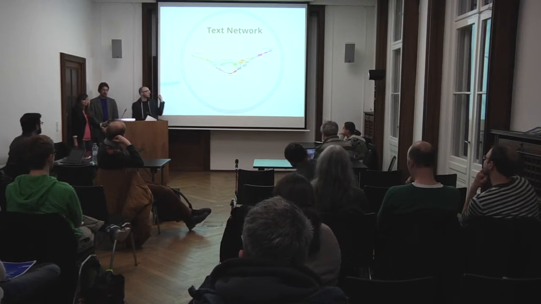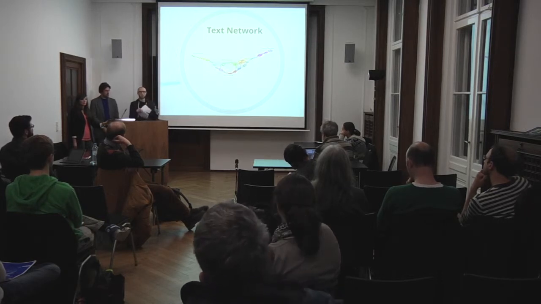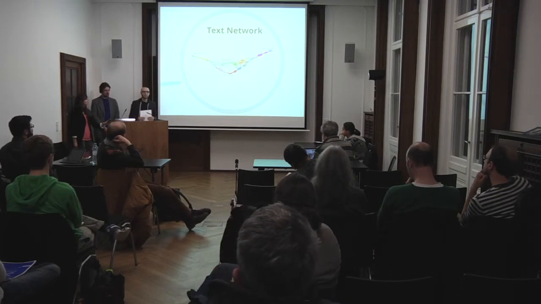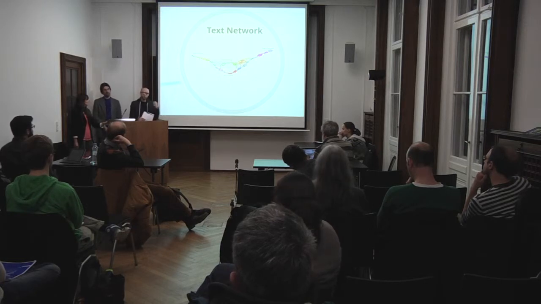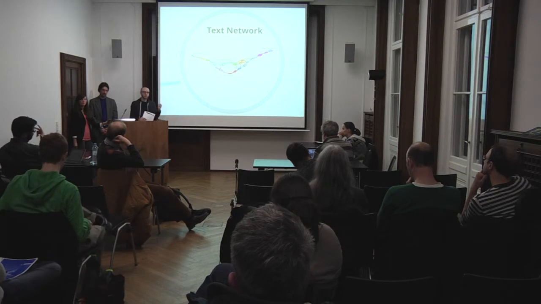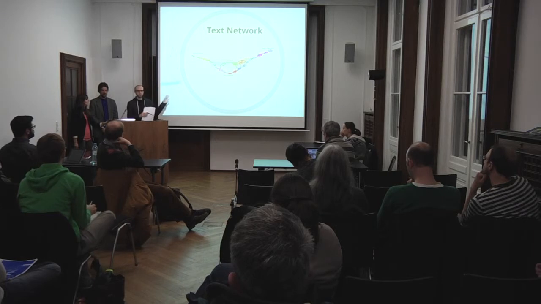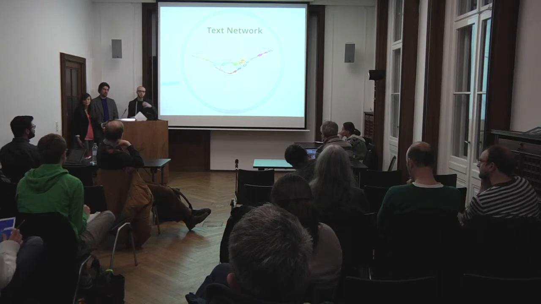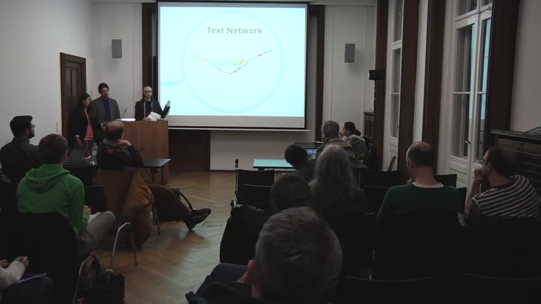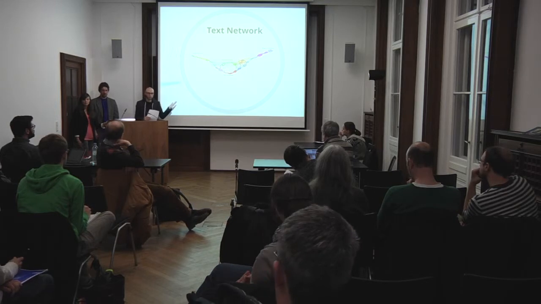I think it's just a heuristic device to get started and to start playing around with your material and look at it in a new way. All of this is valuable, but you have to play around with it. You can't just say, this is what we found out, once and for all. It's more the way of applying this to your text. I think that's the valuable step, not what comes out in the end exactly.